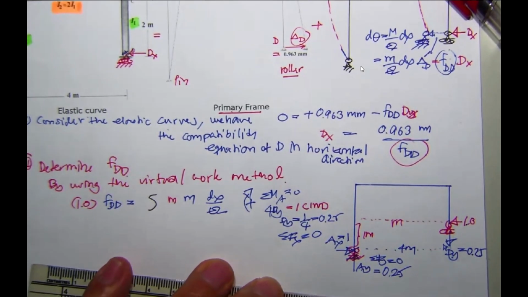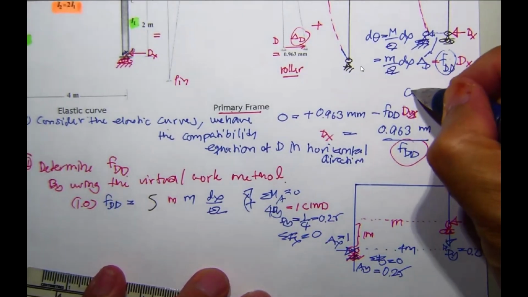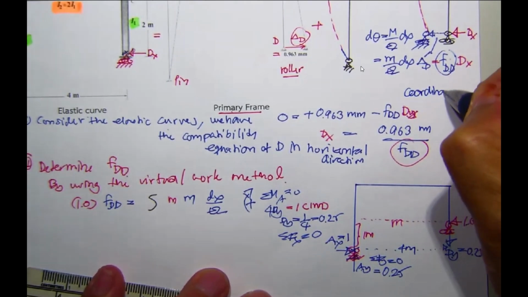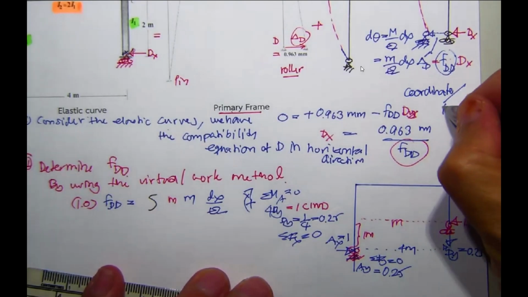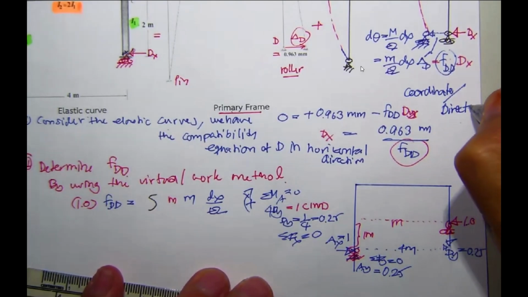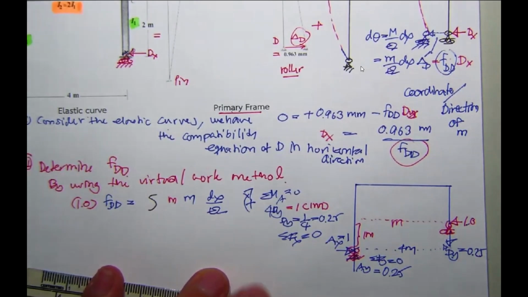Now, the problem comes, how do we set up the coordinate? Okay, because we use the same coordinate, and then we got to set up the direction of F. Now, we may think, okay, it's up to you.